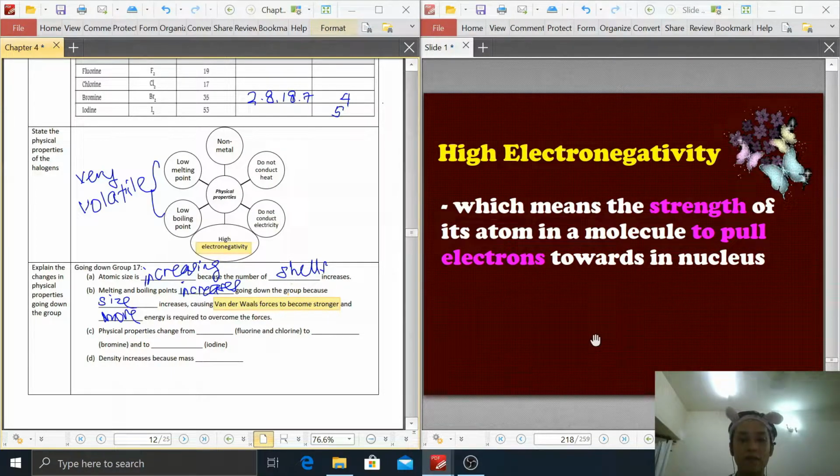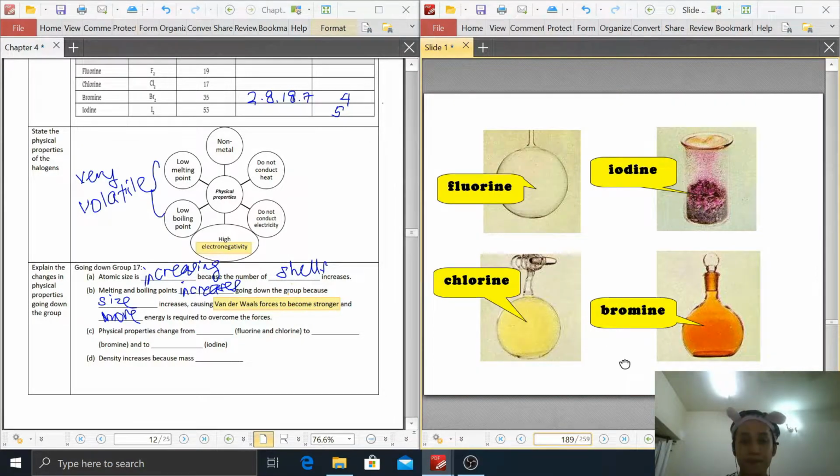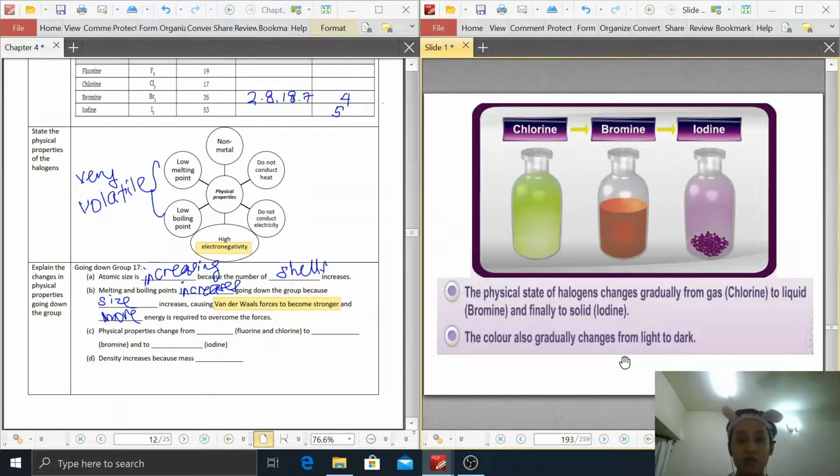Now, the physical properties of fluorine until iodine. This one is very important. You must know the physical properties. Fluorine and chlorine exist as gas. Bromine is liquid.